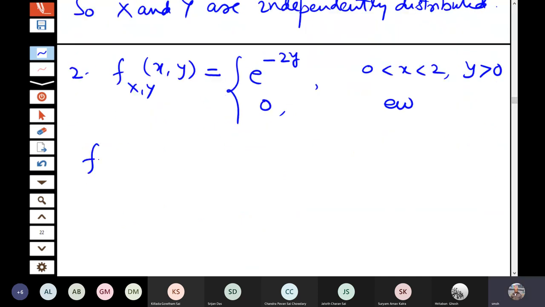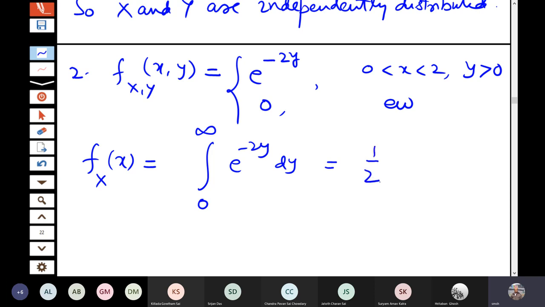What are the marginal distributions? For example, what is the marginal distribution of x here? You integrate e to the power minus 2y dy from 0 to infinity, so you will get half here.